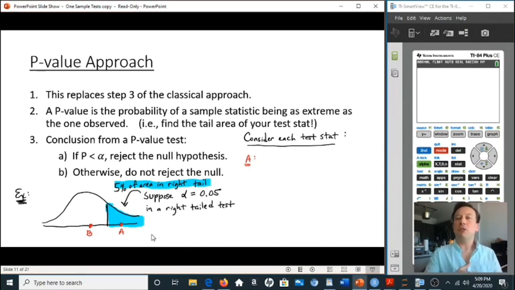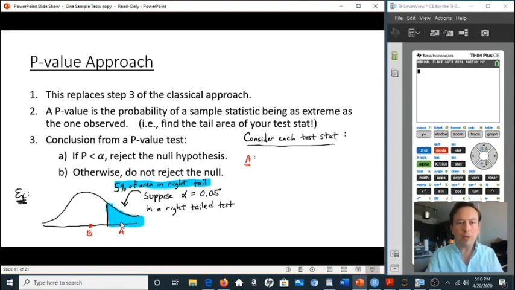But what does that mean in terms of the p-value? That's what we really want to talk about here. When you look at A, this is our observed statistic. The definition looks at the probability of any other statistic being as extreme as this one. As extreme means from here and higher.